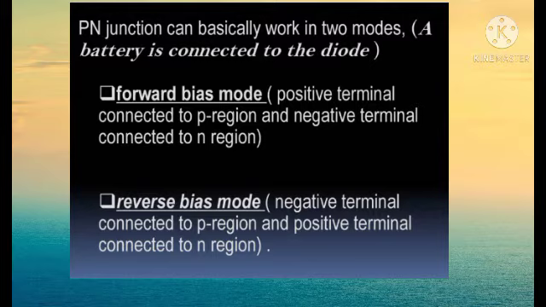In forward biasing, the positive terminal is connected to P region and negative terminal is connected to N region. The second is reverse bias mode, that is reverse biasing of diode. In this, the negative terminal is connected to P region and the positive terminal is connected to N region.